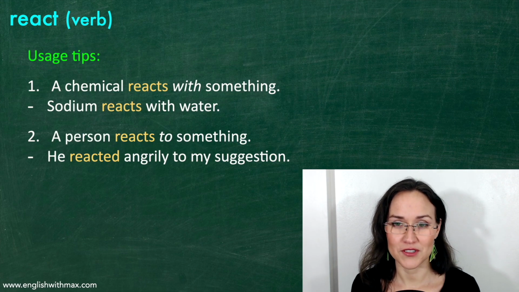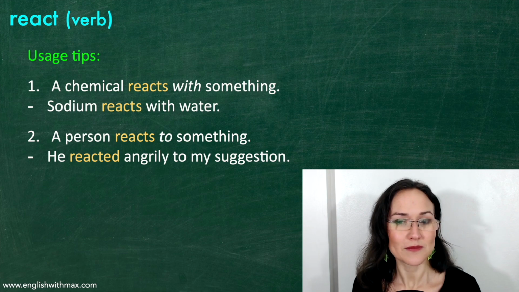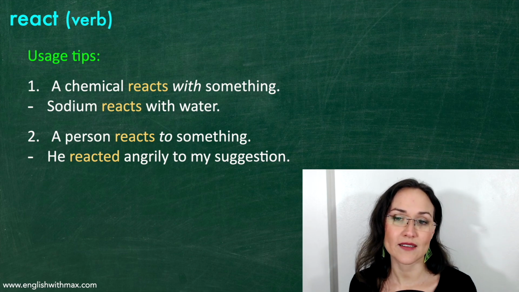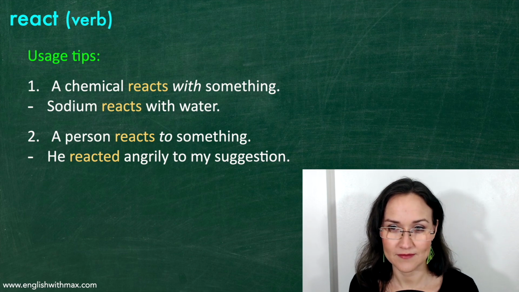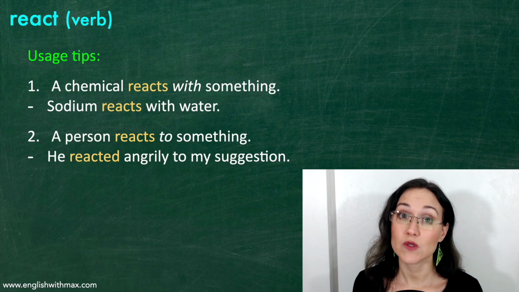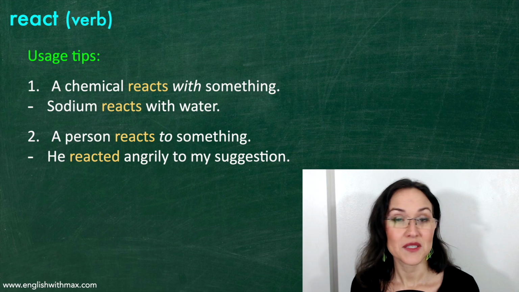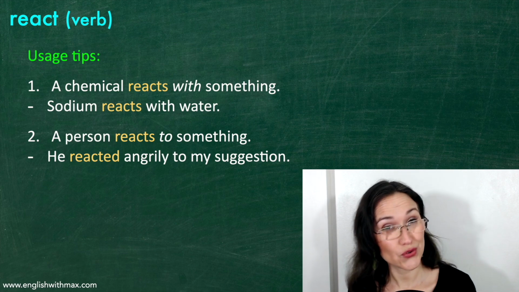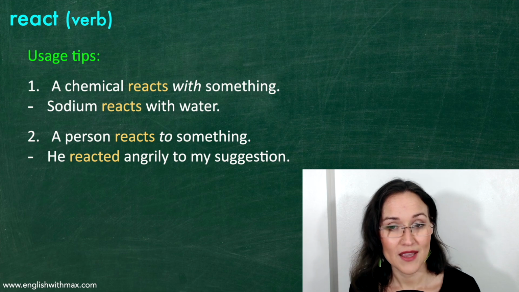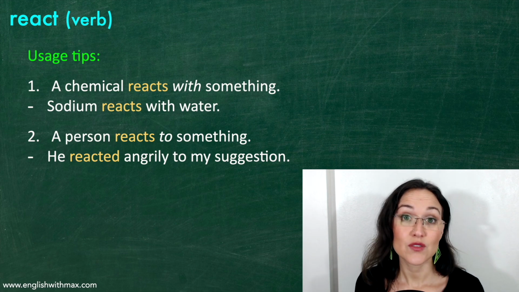Here are a couple of usage tips. Number one, a chemical reacts with something. For example, sodium reacts with water. Number two, a person reacts to something. He reacted angrily to my suggestion.